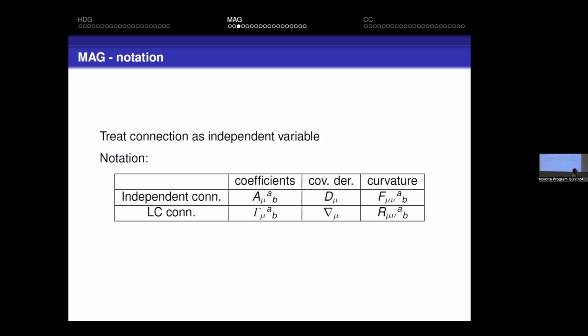And my notation is that the independent connection I call A, the covariant derivative I call D, and its curvature I call F. And the Levi-Civita connection instead, which is constructed out of the metric, I call gamma, the covariant derivative nabla, and the curvature is the Riemann tensor. So this is typical GR notation, and for the independent connection, I use this Yang-Mills type notation.